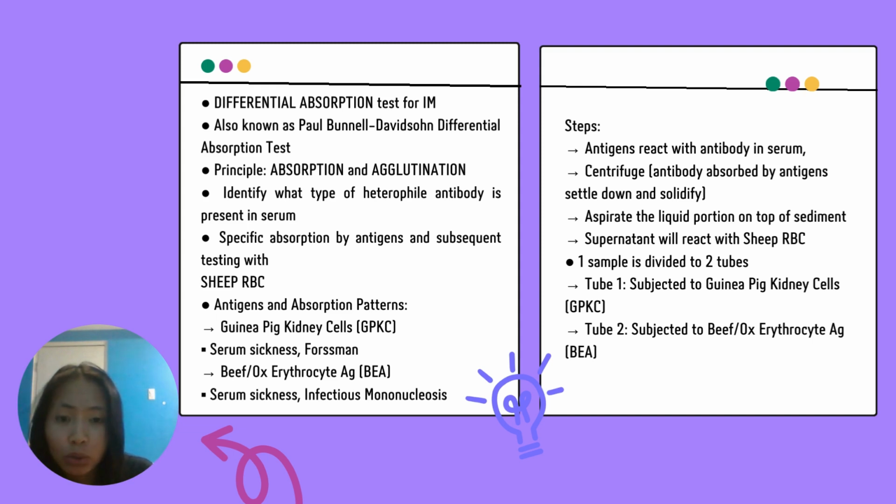The test can also give a false negative in some people with infectious mononucleosis, especially if they are tested early in the course of the illness. So, what are the alternative tests to differential absorption? They include the Epstein-Barr virus serological test and the EBV polymerase chain reaction test.